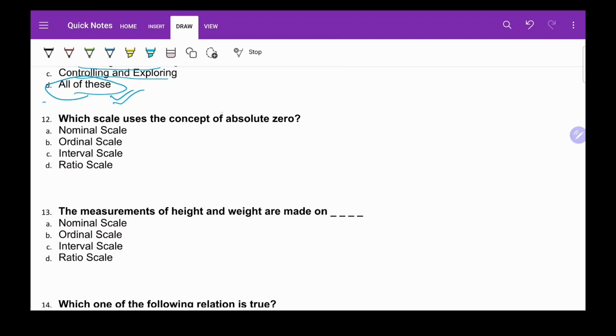Which scale uses the concept of absolute zero? Absolute zero, as we have seen, is in ratio scale. Ratio scale is about quantitative data, which is measurable. Quantitative data is measurable data which can be measured by using a particular scale. Suppose weight, height. These are some measurable values.